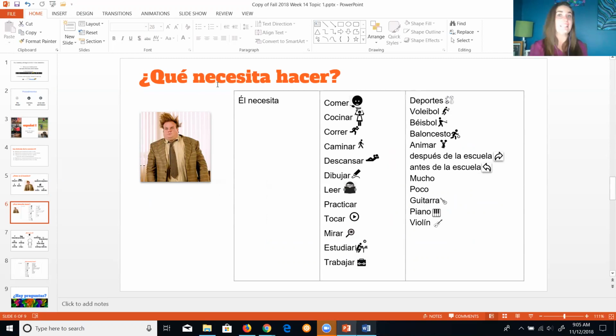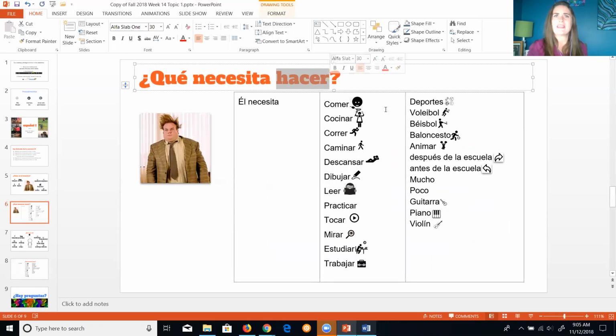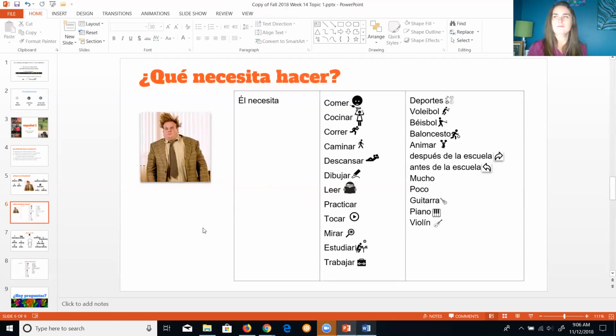So what does he need? And then hacer. ¿Qué significa hacer en inglés? Anybody know? ¿Qué es hacer en inglés? You haven't technically learned it yet in class. It's to do. So this is asking, what does he need to do?